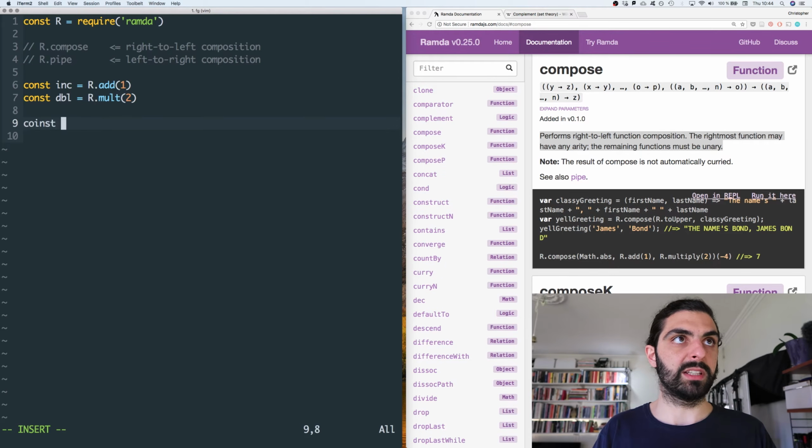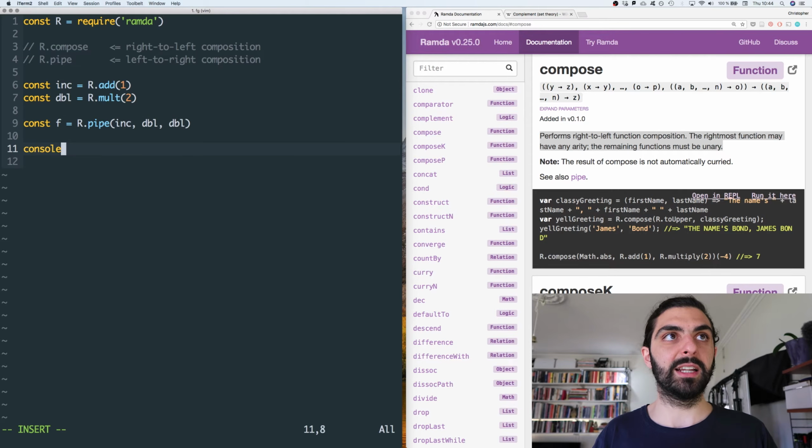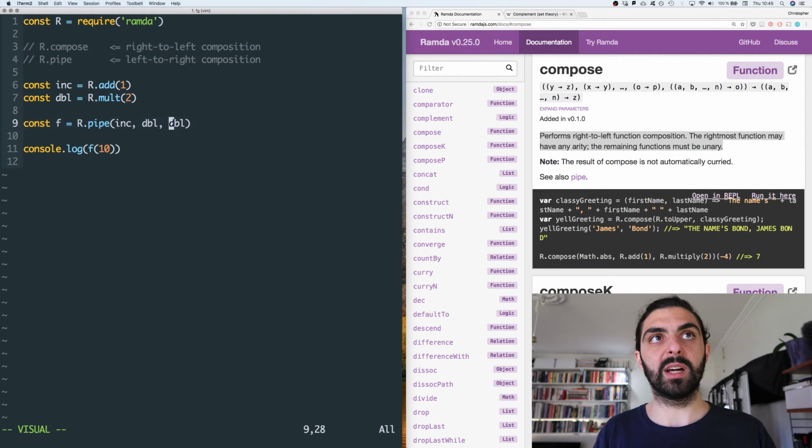Then we can sort of, let's say we define a function f, which is the composition, or let's say the piping of incrementing by 1 and then doubling, right? So if we then console log f of 10, what do we get, right? We should first increment by 1, then we would double, and then we would double again.